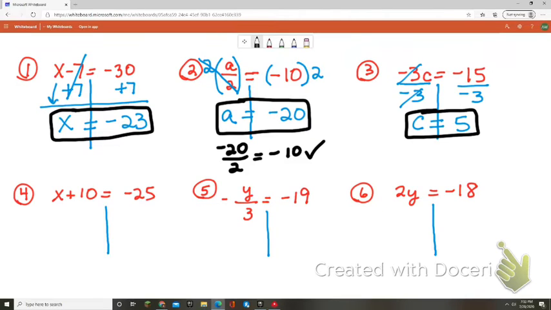You're going to ask yourself, what's the opposite of plus 10? And it's minus 10. But I want you to show that minus 10 on both sides. Today, these problems are a little easier, but I have to get you used to showing the right work. Cross out the 2 numbers that are equal to 0, and you get x equals negative 35.